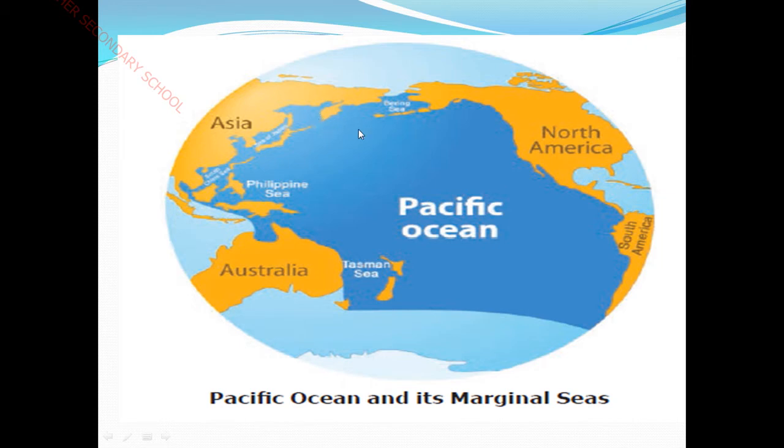So the covered area is called a peninsula. Marginal seas are adjacent to or open to the widely open ocean at the surface and are bounded by submarine ridges on the sea floor. Any large body of water with a sea in the name, including lakes, is called what? Marginal seas. So these are all the marginal seas: the Philippine Sea, the Bering Sea, the China Sea and the Japan Sea.